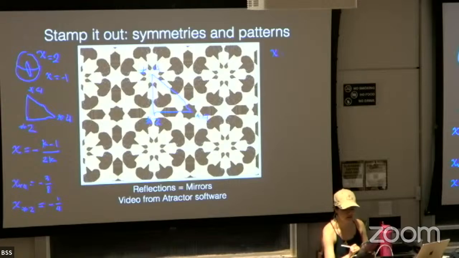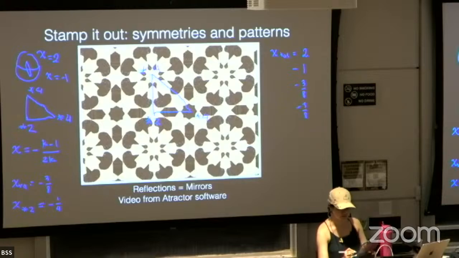I have chi total is equal to 2 from the sphere, minus 1 from the cut, minus 3/8 from each of the 2 star 4s, and minus 1/4 from the star 2. And so I add these all together. I have 2 minus 1 is 1, minus 3/4 is 1/4, minus 1/4 is 0. So this gives me an Euler characteristic of 0.